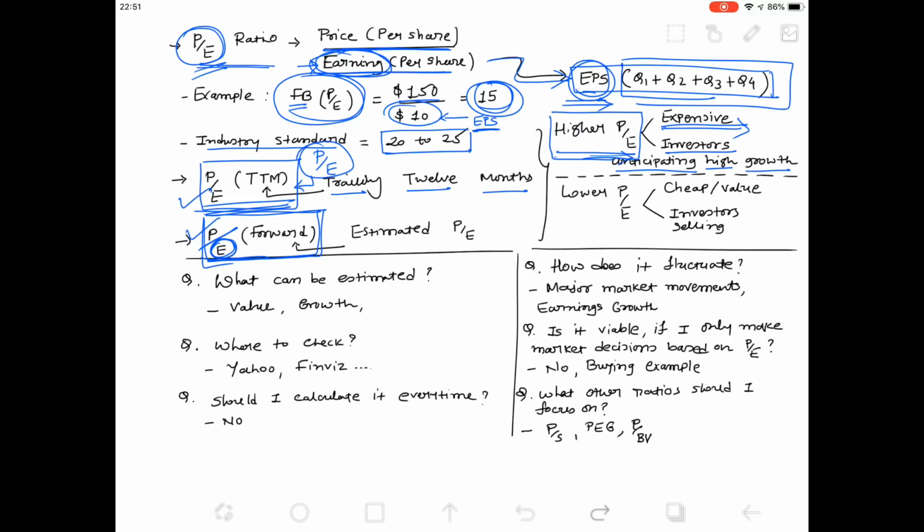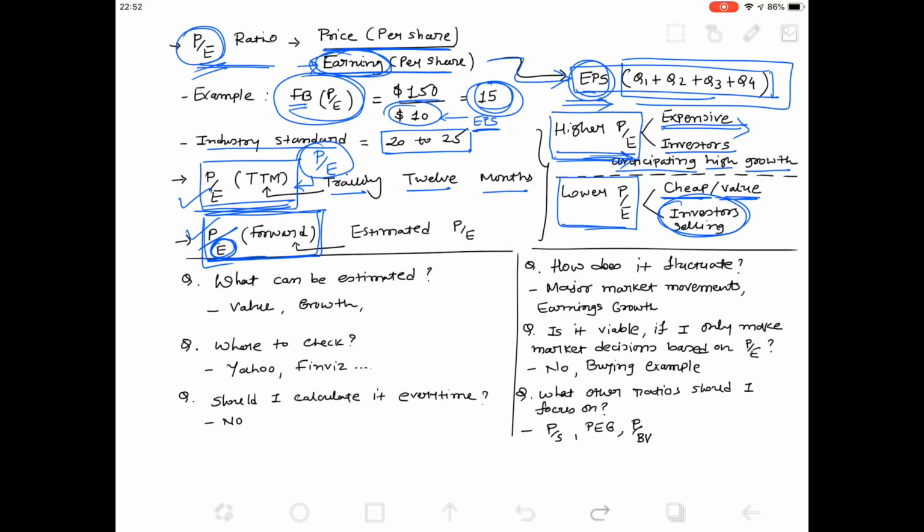That means more investors are expecting the stock growth to go higher for the current year as well as for the next year, and more people are buying this stock. At the same time, lower PE means the stock is a value stock or a cheap stock, or trending low in value compared to the higher PE, and more investors are selling this stock.